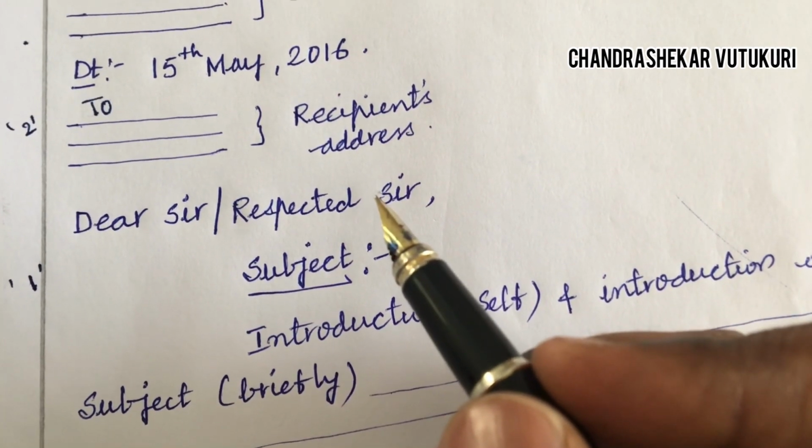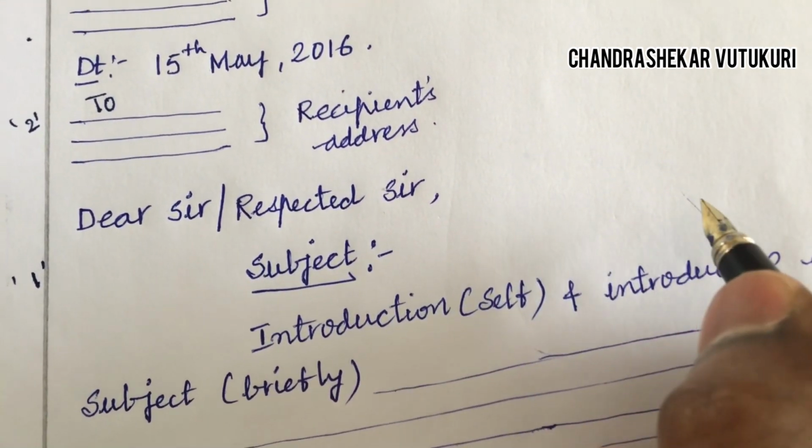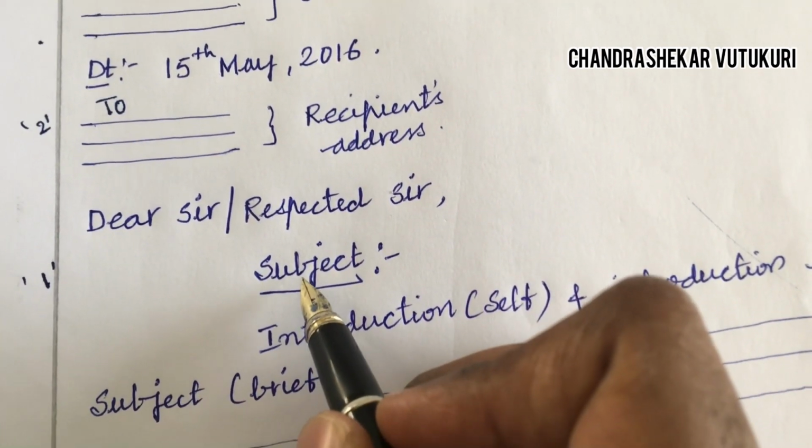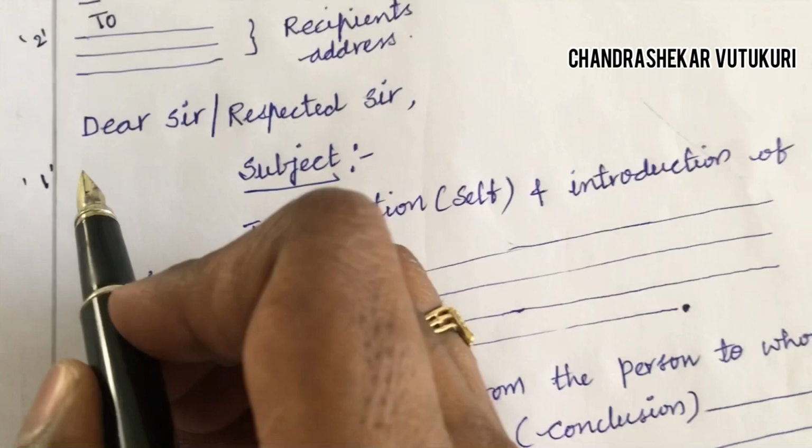Such things may be the reason or the subject to be mentioned here, dear students. After dear sir, you are supposed to work out the subject. Even the subject has certain marks, dear students.